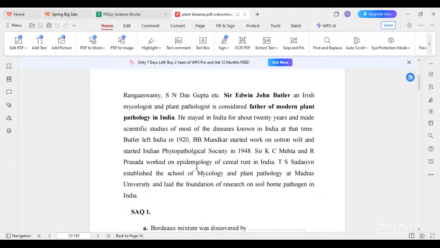Butler left India in 1920. B.B. Mundkur started work on cotton wilt and started the Indian Phytopathological Society. K.C. Mehta and S. Pradhan worked on epidemiology of cereal rust in India.